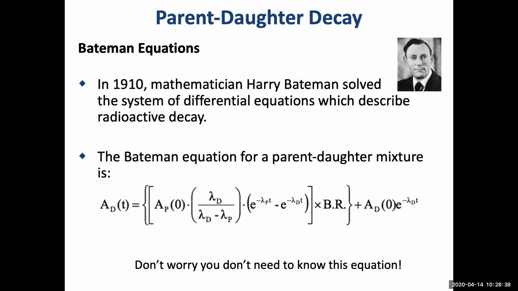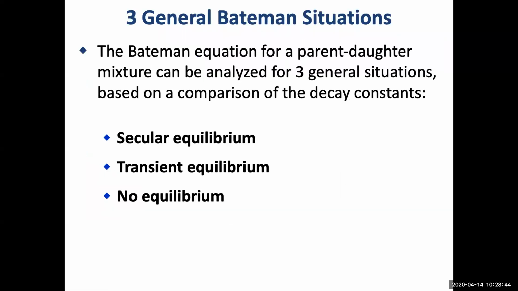I just show it to you to see that it is a complicated situation. What I need you to remember are the three equilibrium states. The Bateman equation for a parent-daughter mixture can be analyzed for three general situations based on a comparison of the decay constants: secular equilibrium, transient equilibrium, and no equilibrium. We'll go one by one now.